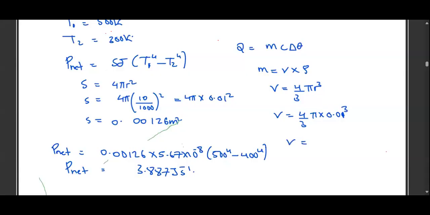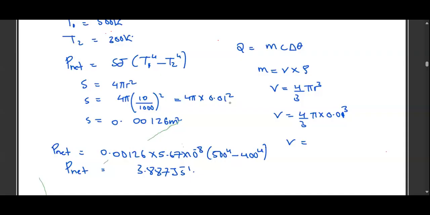So our volume, 4 divided by 3 times pi times 0.01 power 3.